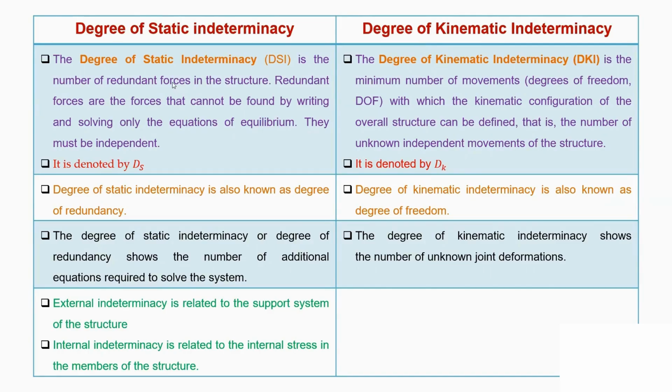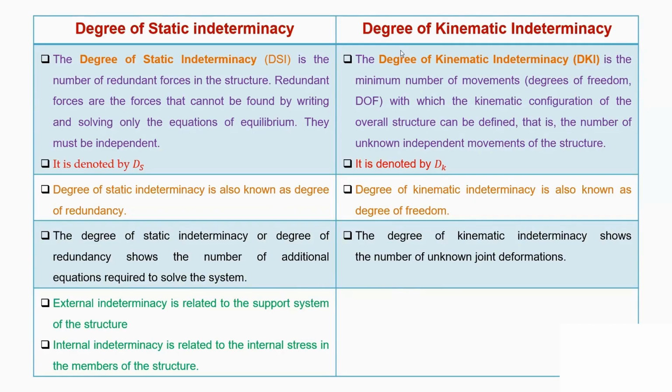Coming to static indeterminacy, we have a number of redundant forces. That means static indeterminacy talks about the redundant forces or reactions that can't be found using static equilibrium conditions alone.